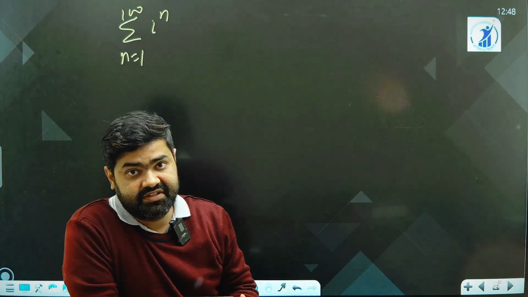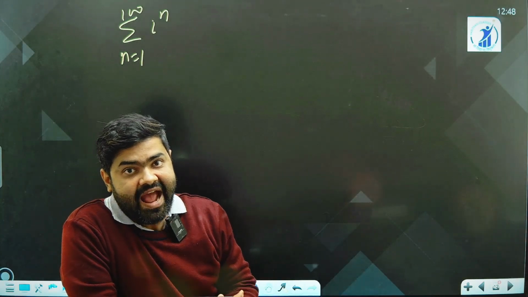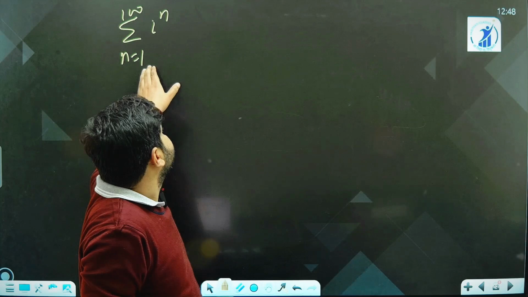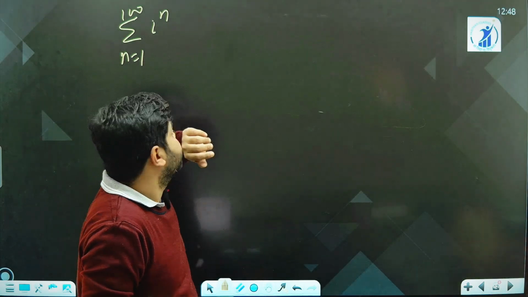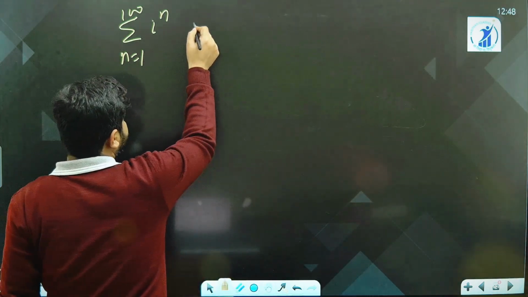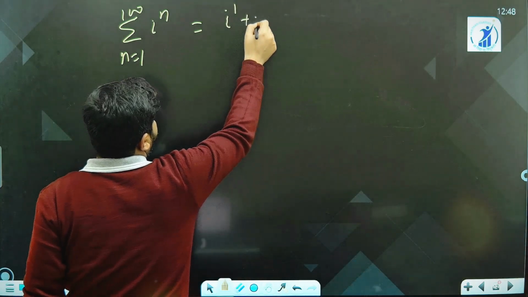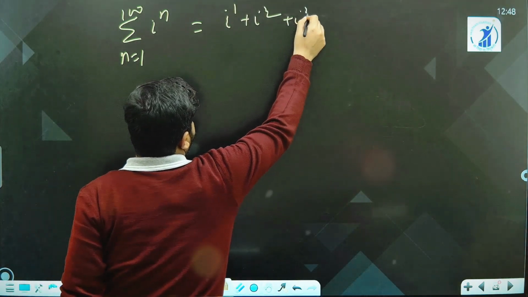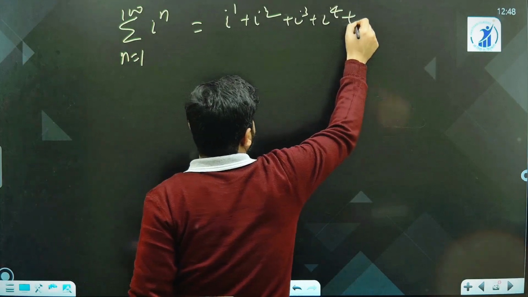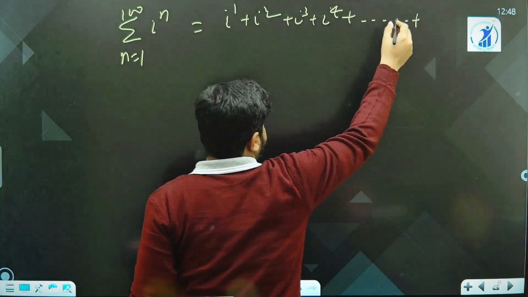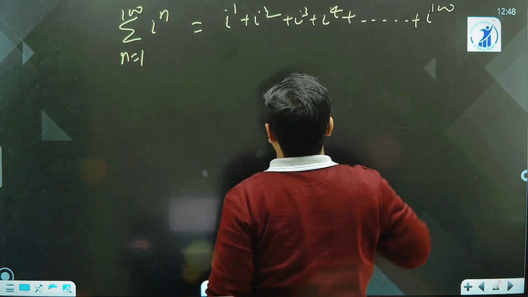What is the summation sign? This summation sign adds all the terms between 1 and 100. So the first terms will be iota to the power 1, iota square, iota cube, iota to the power 4, and the last term will be iota to the power 100.